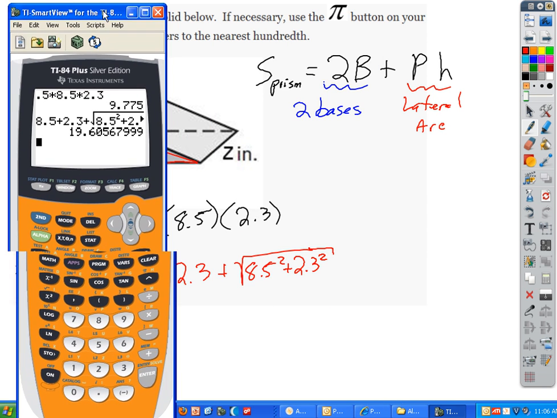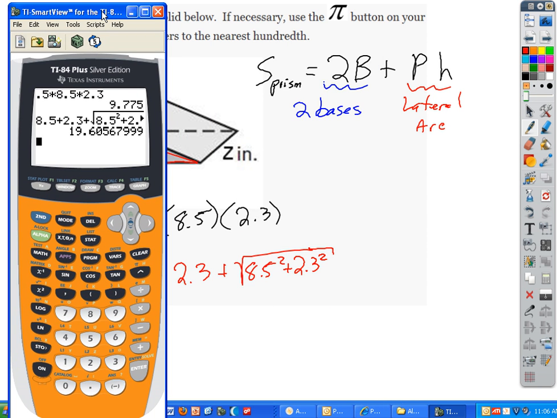If we want to calculate surface area, it's just 2 times base. That number right there is my base, so I'll just go up and grab it. So 2 times the base, plus the perimeter, which is that number, times the height.